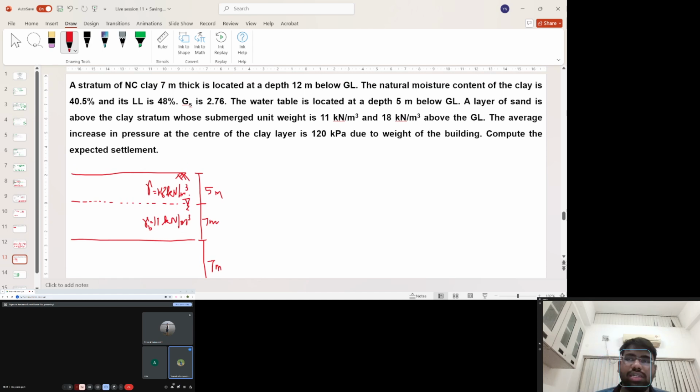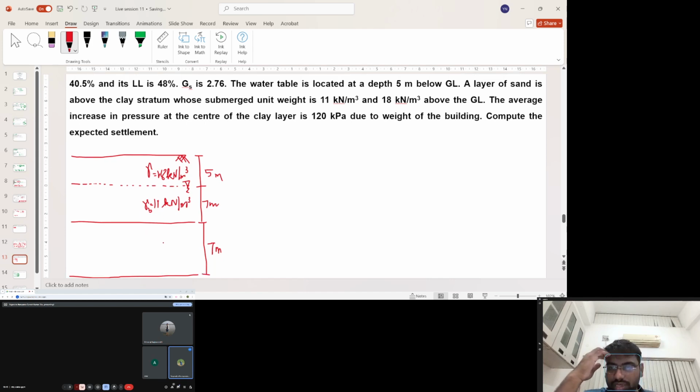Gamma W you can take as 10. Okay. Now here they have given G is 2.76 and water content is 40.5%. Now delta sigma dash is 120 kPa.